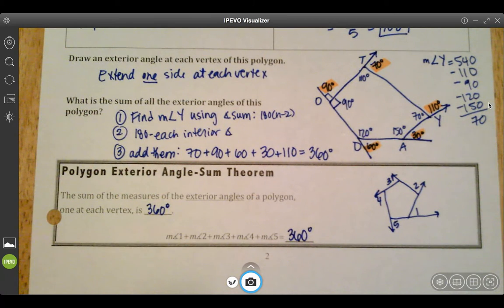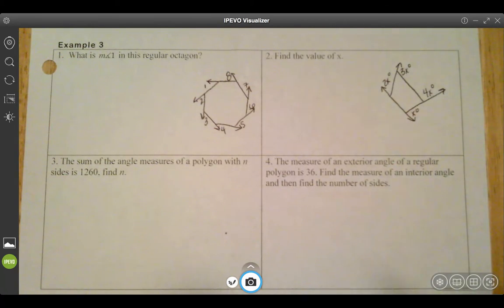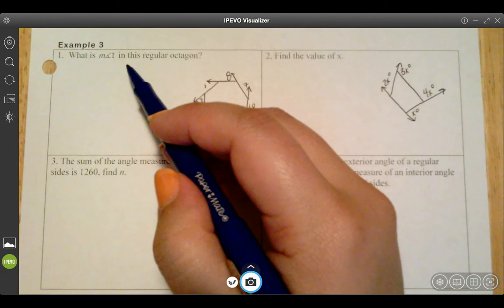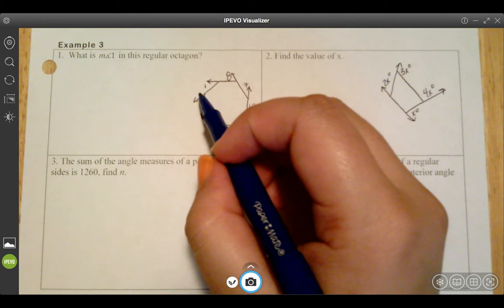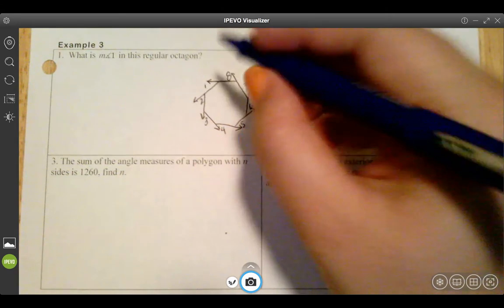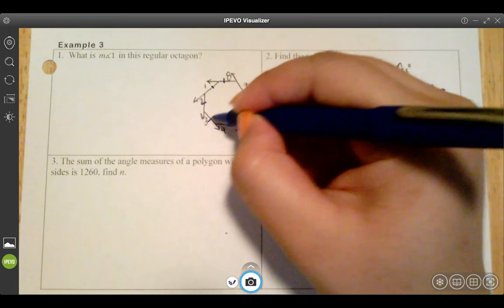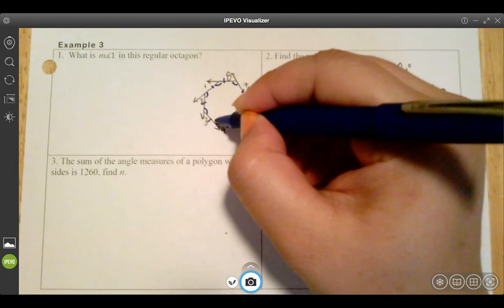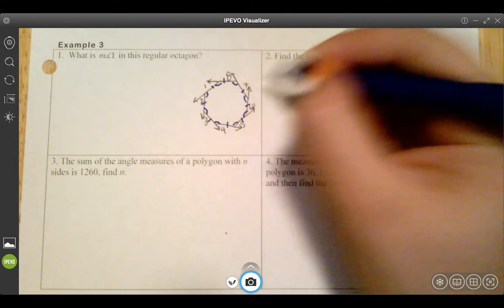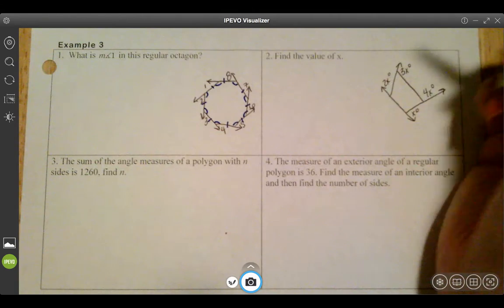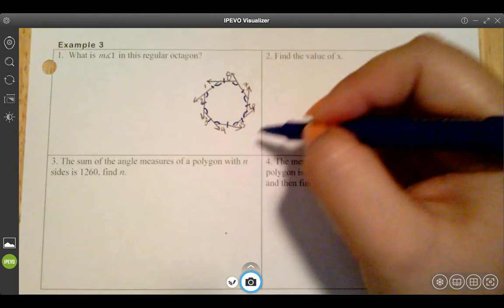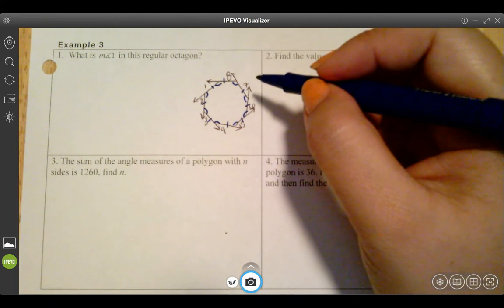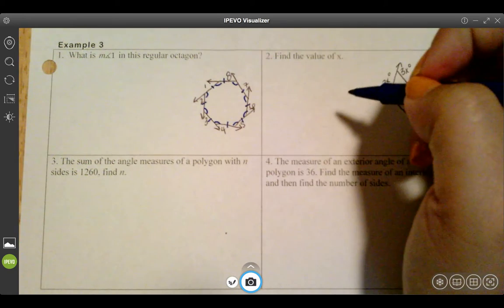Let's look at some examples. For example 3, part 1, we want to know the measure of angle 1 in a regular octagon. Regular means that all 8 sides are congruent. All 8 angles are congruent. Well, if the interior angles are congruent, then all of their exterior angles are also congruent because they're all supplementary to congruent angles, right?